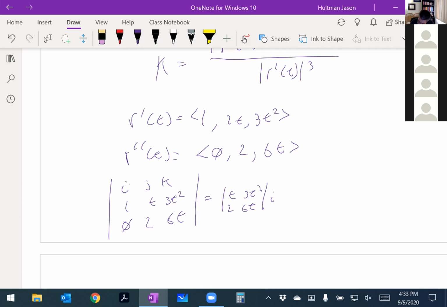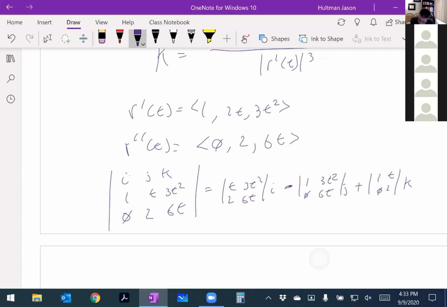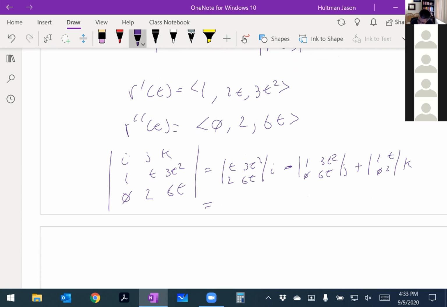This is minus 1, 3t squared, 0 and 6t, j, plus 1, 2t, 0 and 2, k. So this is equal to.